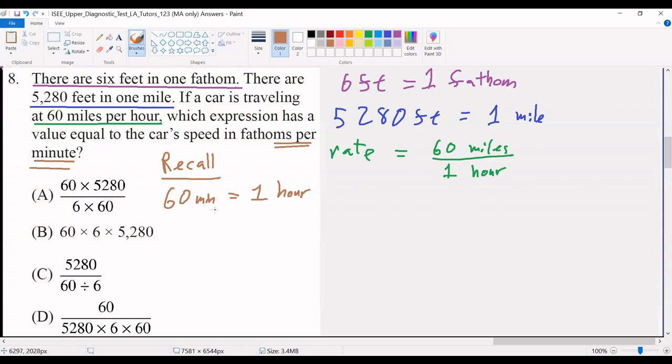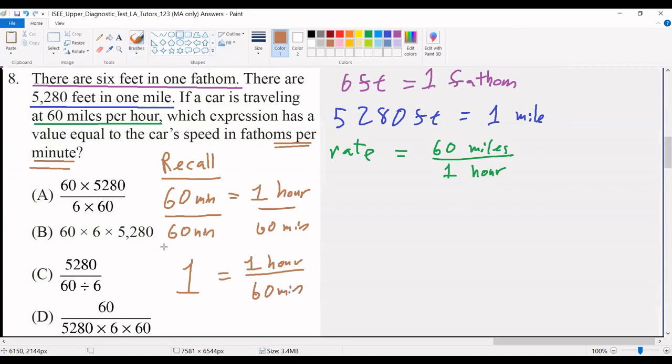So what we can actually do here is create a number 1 out of this to remind us how we can multiply everything by the number 1. So secretly, I'm going to divide both sides here by 60 minutes. So I'm going to have a 1 is equal to 1 hour over 60 minutes.